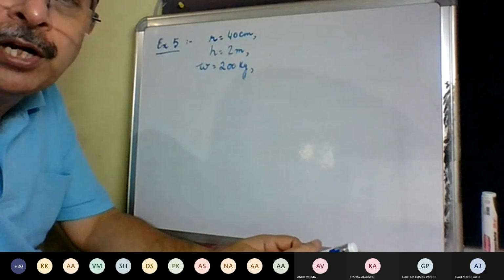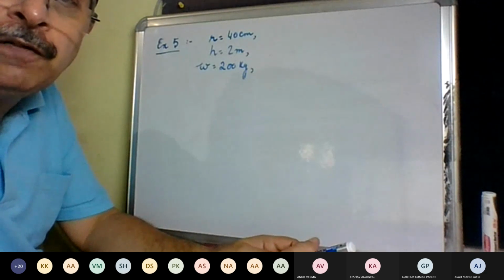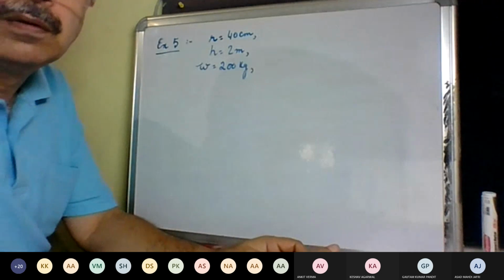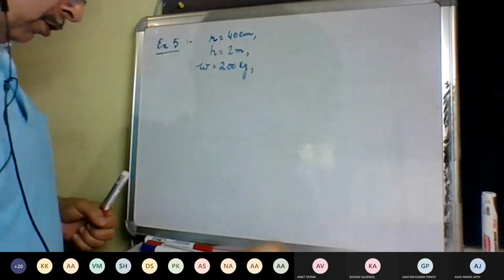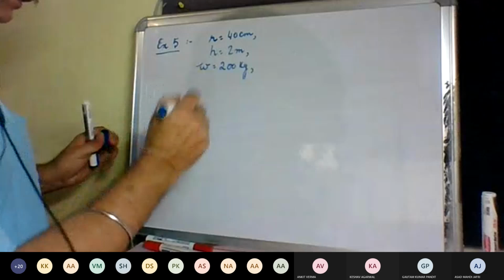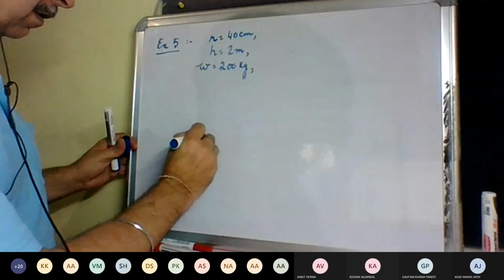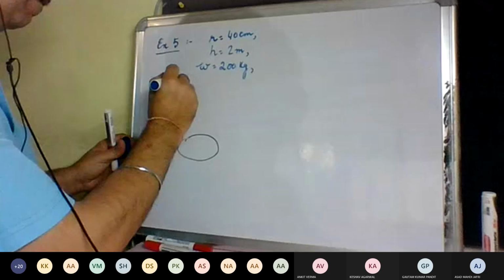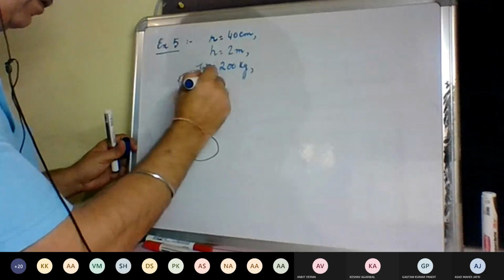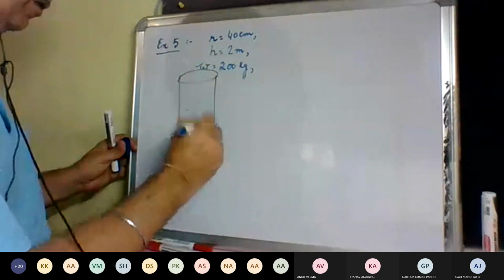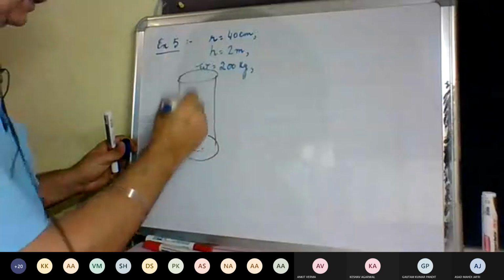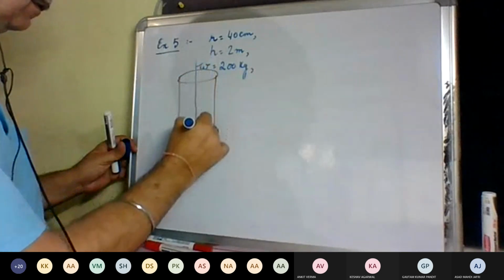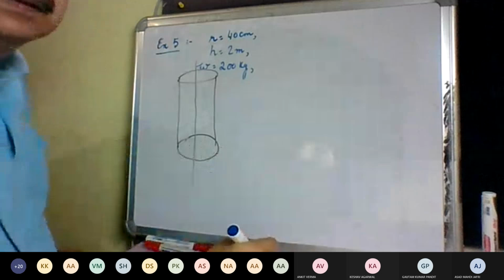Lead pellets are put into it until it floats with its axis vertical. So we are now talking about vertical axis. This is a vertical axis.